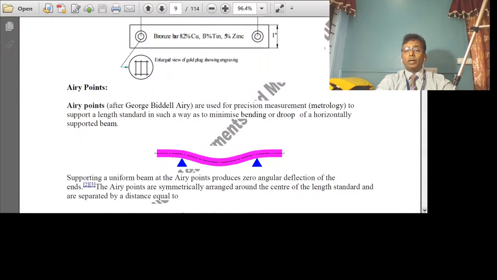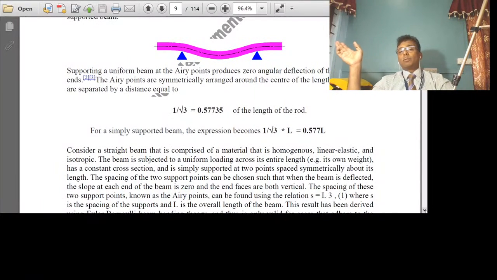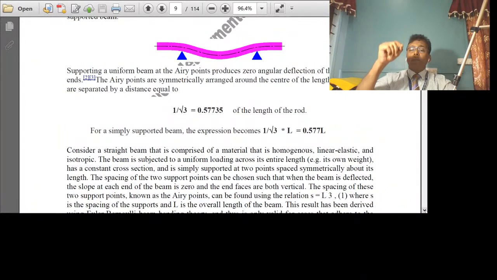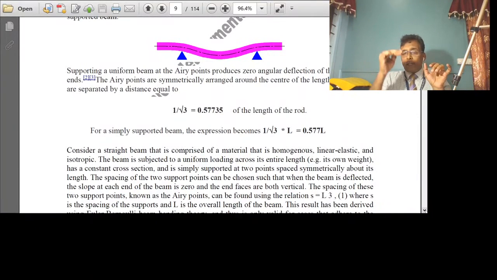The Airy point is found by L by root 3, that is 0.57735 of the length of the rod, or you can say 1 by root 3 into L. If you have got a 1 meter length, you can find out where to place the Airy points. It is 1 upon root 3 into L, whatever is the L. So 0.577 L is the distance from the center at which the two Airy points are to be plugged.